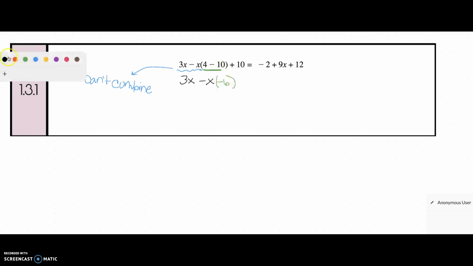And I have plus 10 equals, and over here I have some like terms as well that I can combine. So I have my negative 2 and my positive 12, which give me a positive 10 plus 9x.